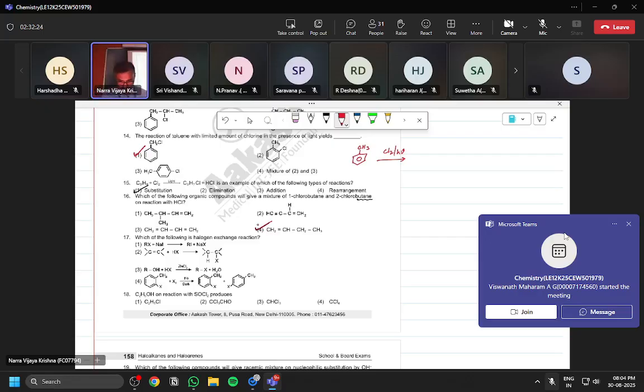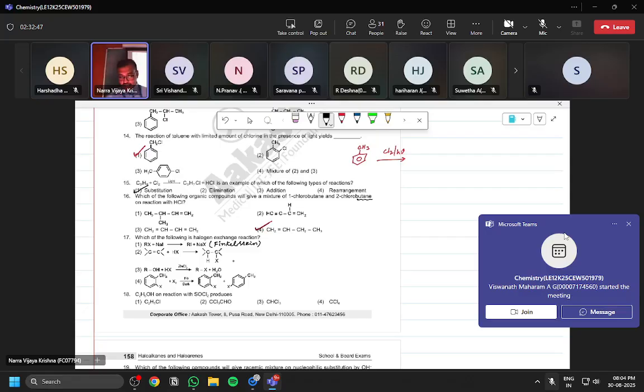Next one. Which of the following is a halogen exchange reaction? What is the name of this reaction? Sodium iodide in acetone. Finkelstein. This is halogen exchange. You are adding HX, which means it is an addition reaction. Correct? I am adding HX to a double bond.